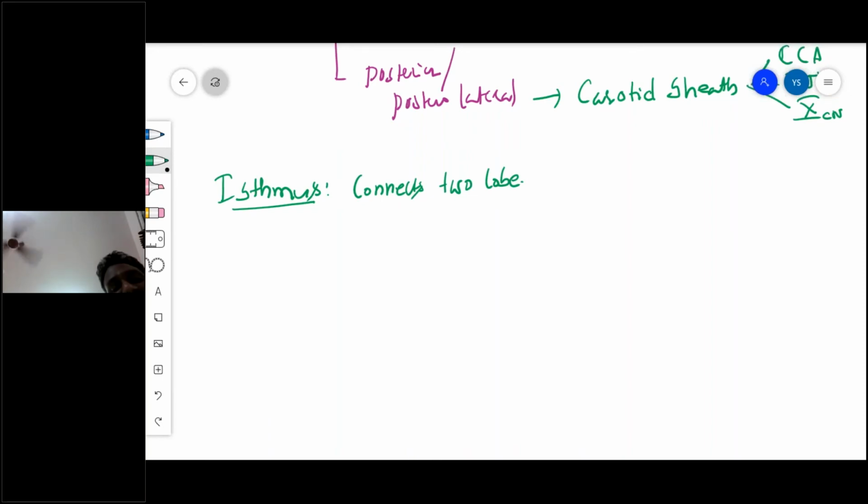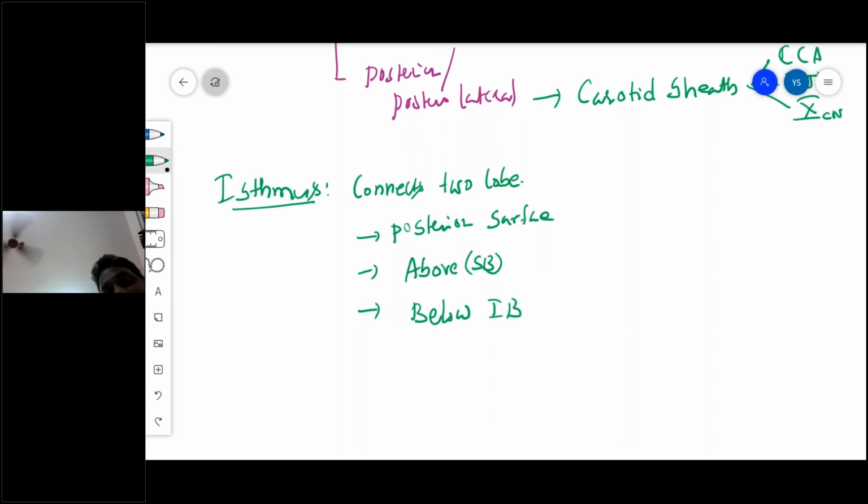In the isthmus, I am telling only the important points. The posterior surface has a superior border above and an inferior border below.